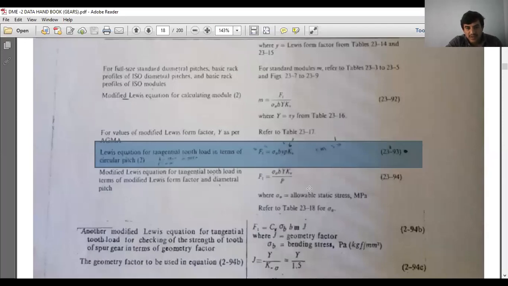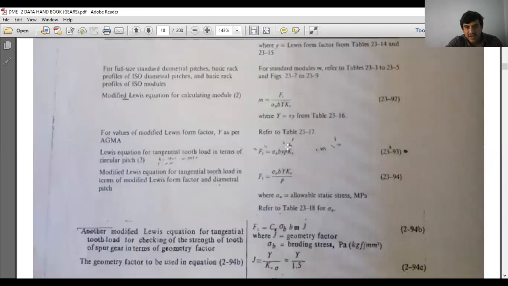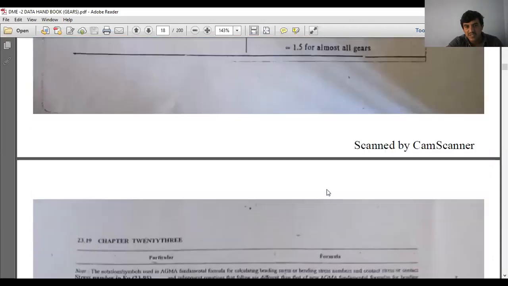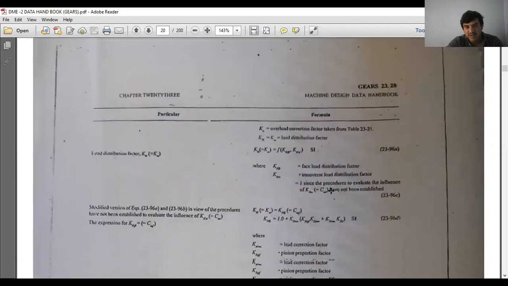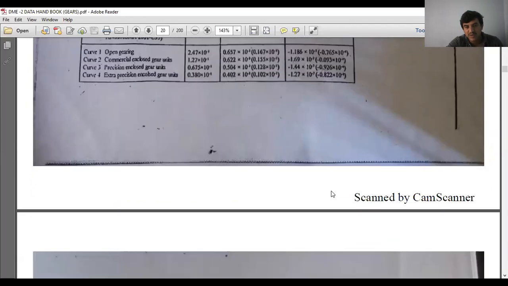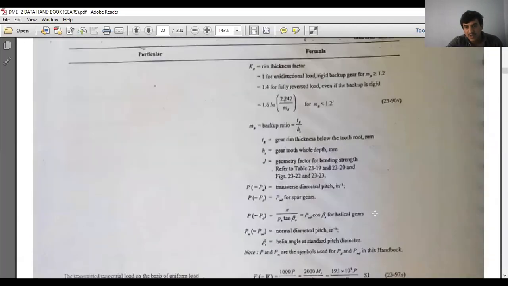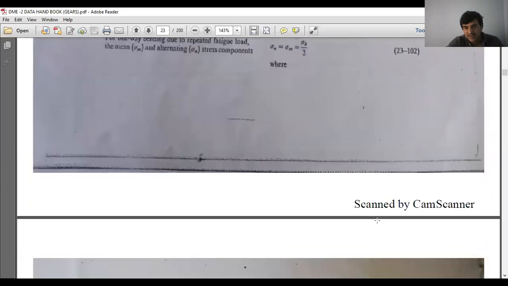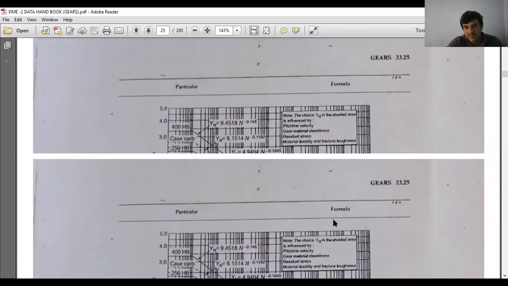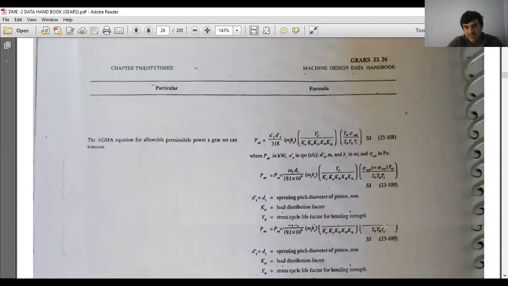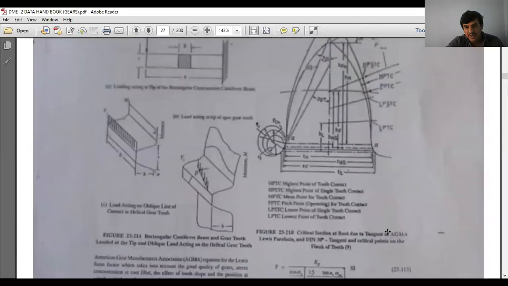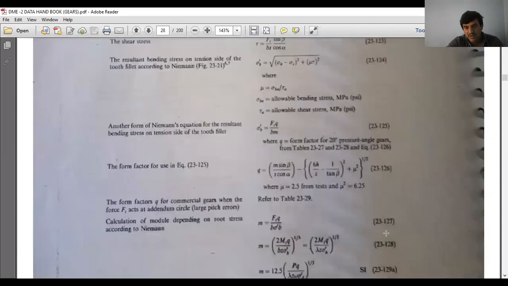Next, how do we determine the Kv value? Kv depends upon equation number 23.134a. It depends upon the mean pitch line velocity, pi dn by 60,000, where d is equal to m into z. Substitute.